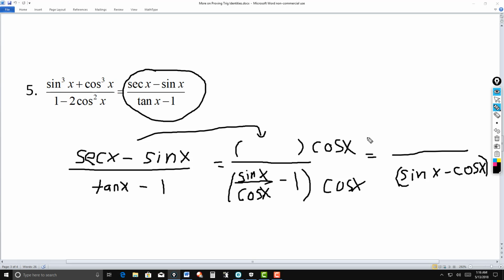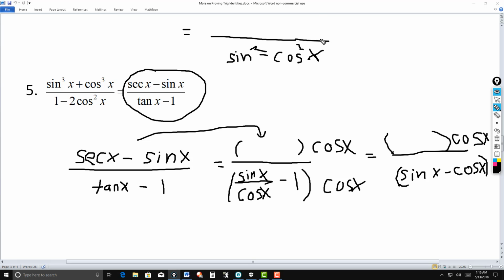And then on the top, I still have the same thing: secant of x minus sine of x times cosine of x. Okay, so now I'm going to go up here. So I'm going to put equals over here. And then I'm going to say, okay, now this then is going to equal sine squared minus cosine squared x.